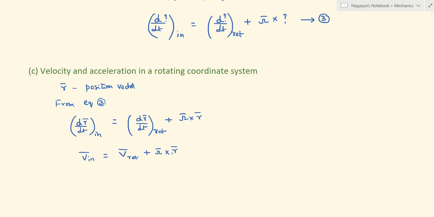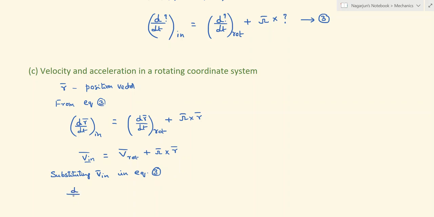Now, as I have an advantage to substitute any vector in equation 3, now let me substitute v bar in in equation 3.